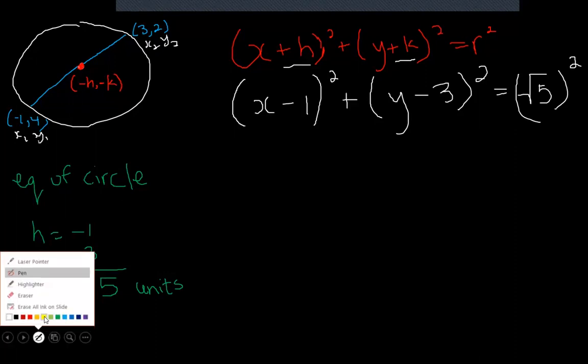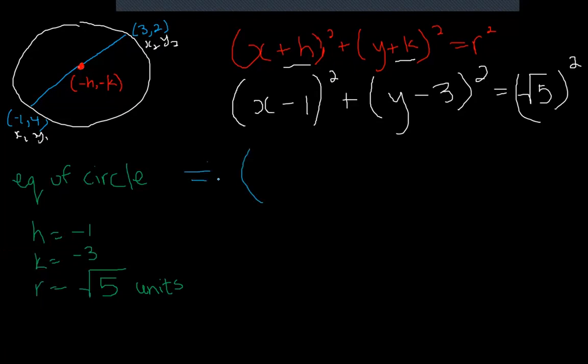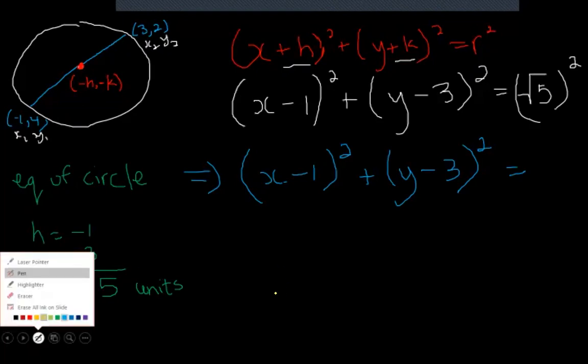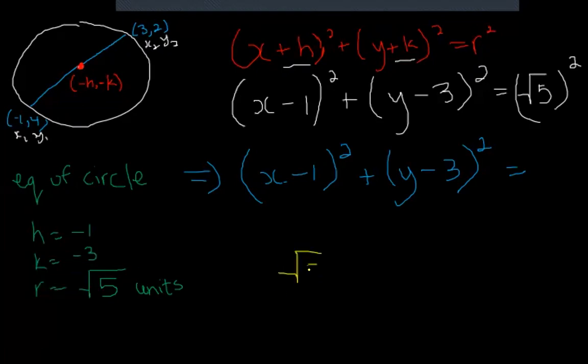But this could be written as, let me use blue, and this would be my answer, x minus 1 squared plus y minus 3 squared equals the square root of 5 squared, that's the same as the square root of 5 times the square root of 5, which is equal to 5.